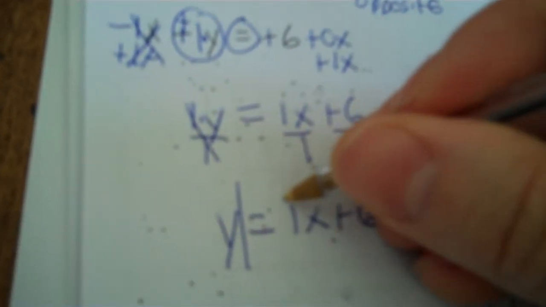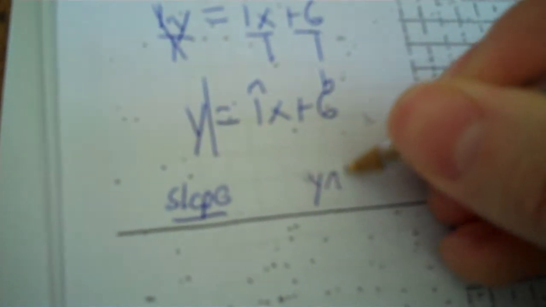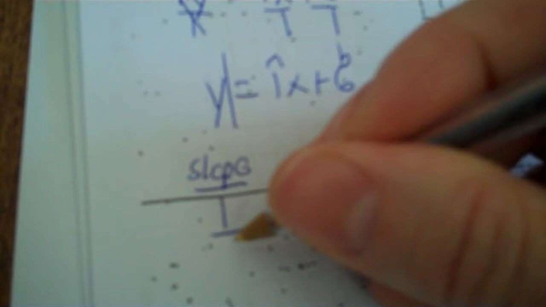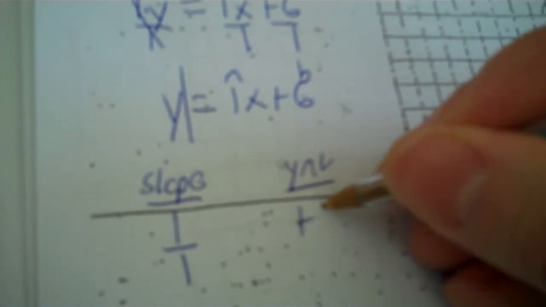So it's going to be 1x plus 6. So m, b. So the slope is 1 over 1, and then plus 6 is the y-intercept. 1, 2, 3, 4, 5, 6. Then we go up 1, forward 1.